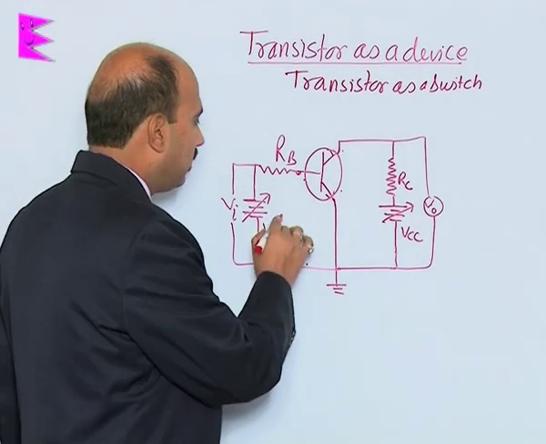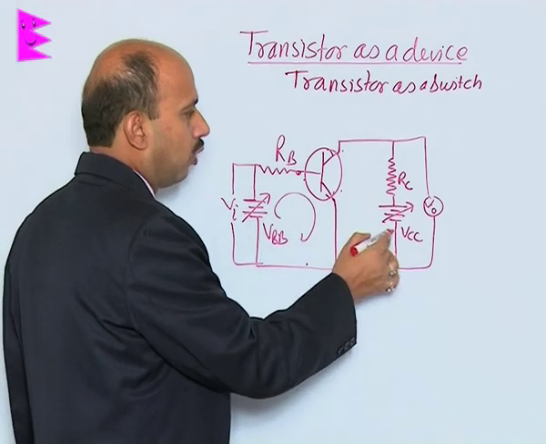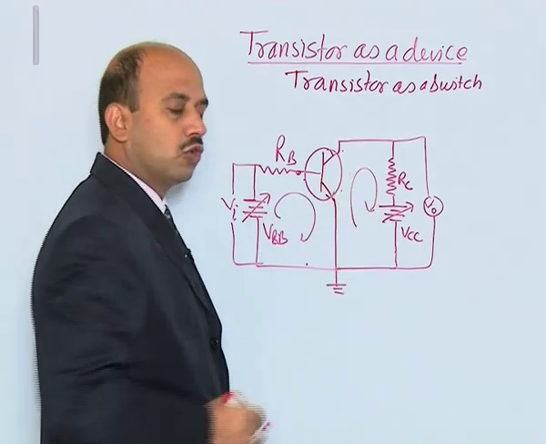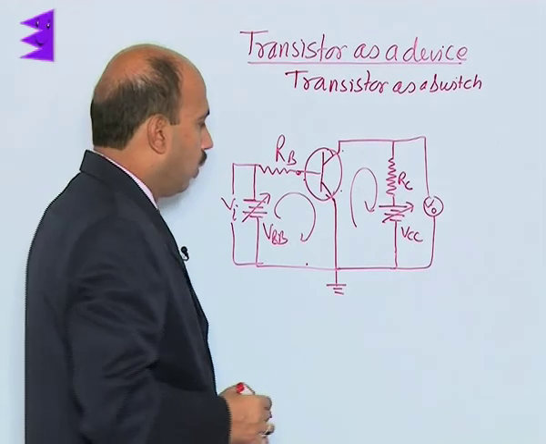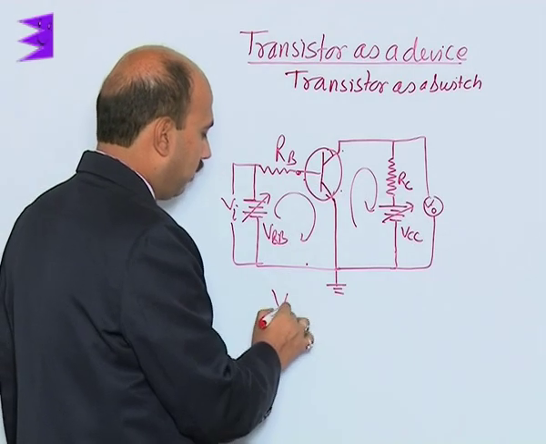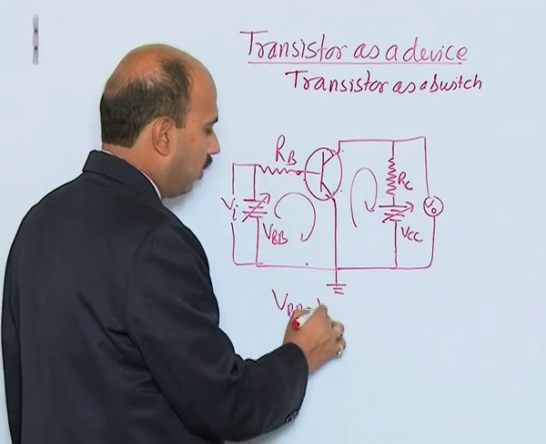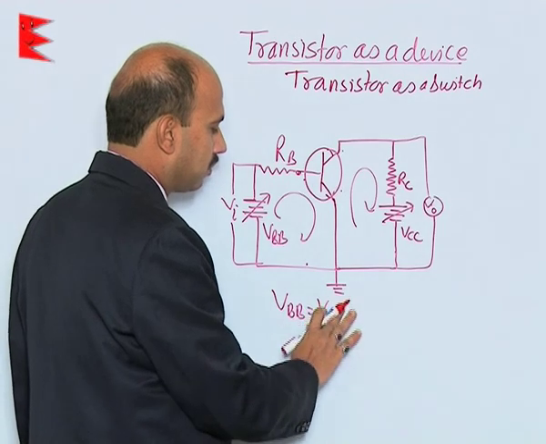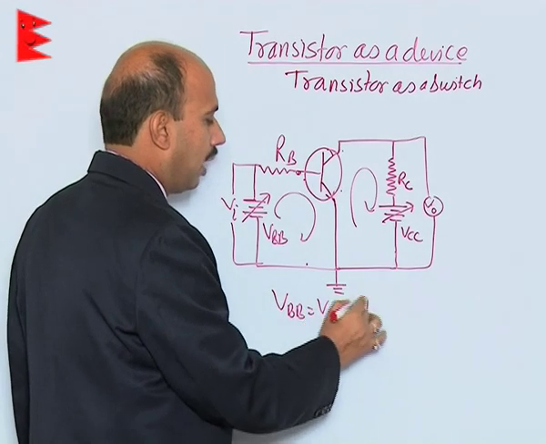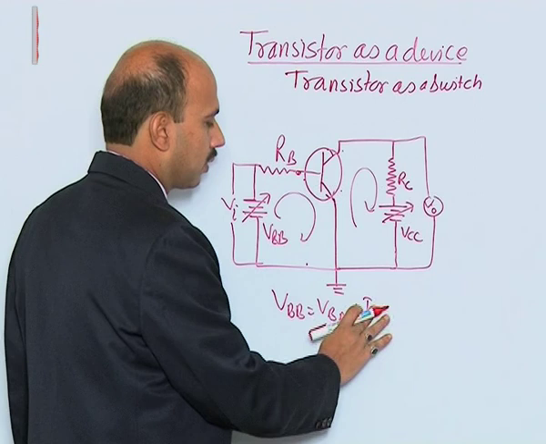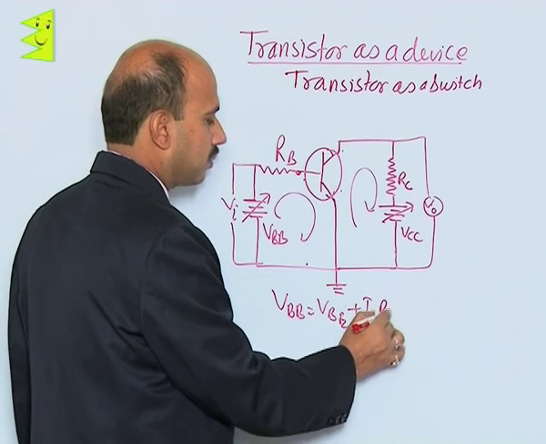Now if you use this input part and this output circuit and apply Kirchhoff's law in both cases, we will get VBB equal to VBE plus IB RB.